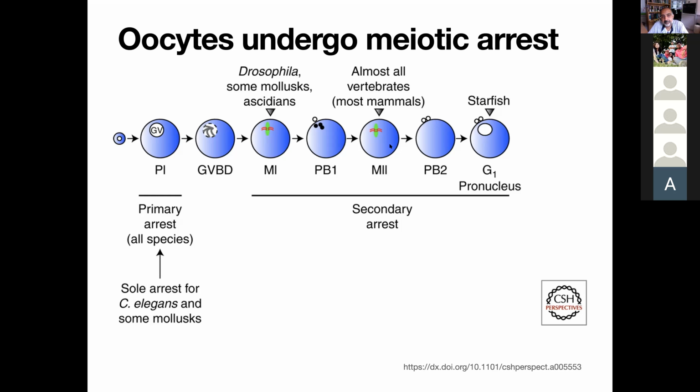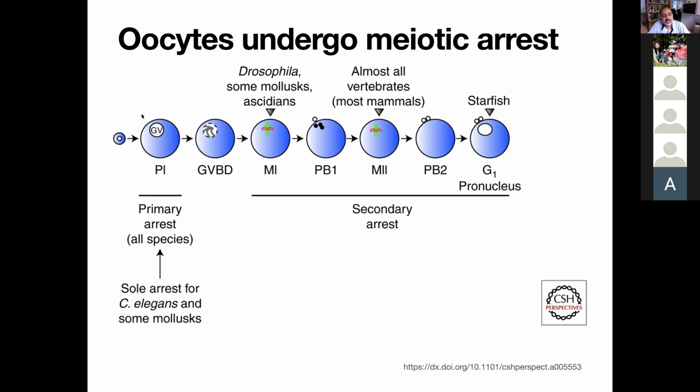Yeah. So the coordination for metaphase 1 appears to be... Sorry, it's here. This prophase 1 arrest. These are different animals. So it's a prophase 1 arrest in mammals, and this is released at puberty.